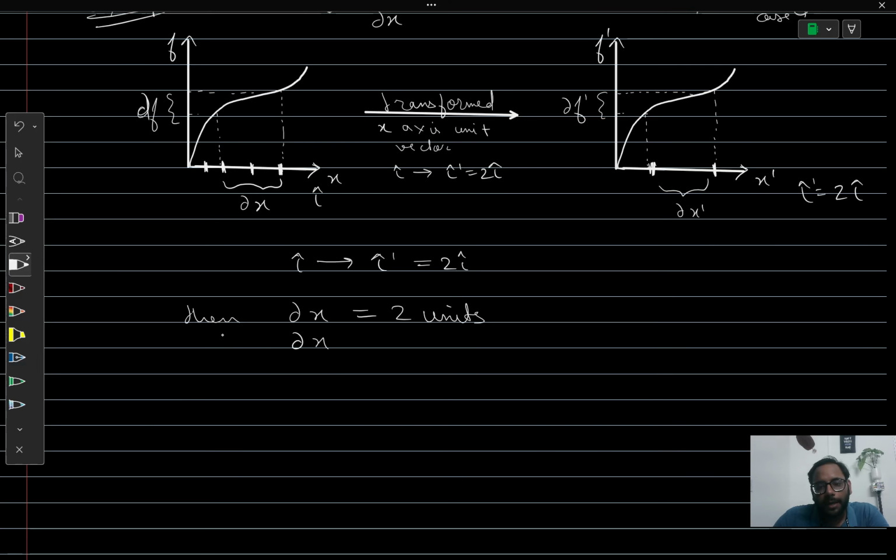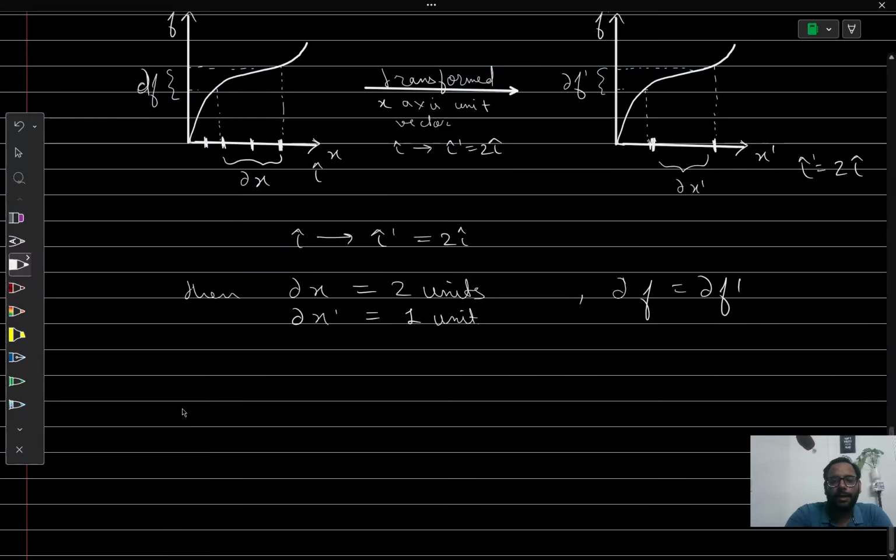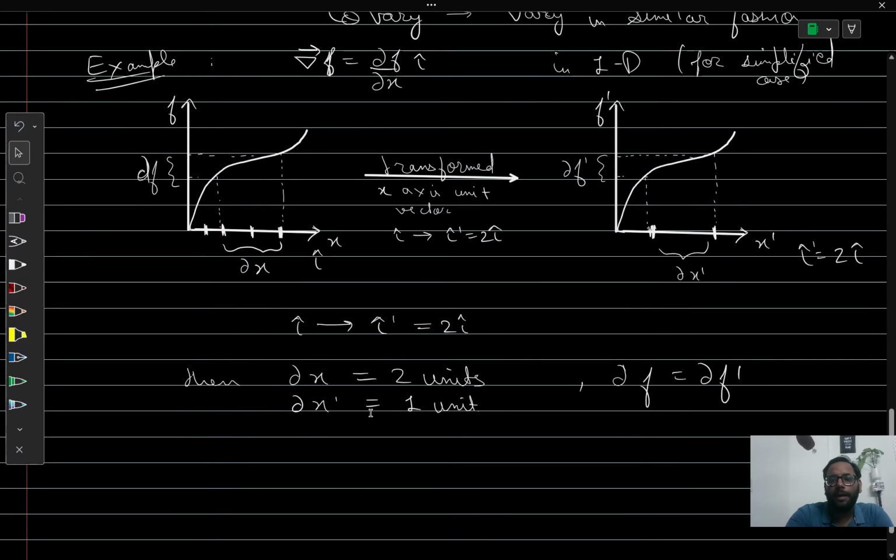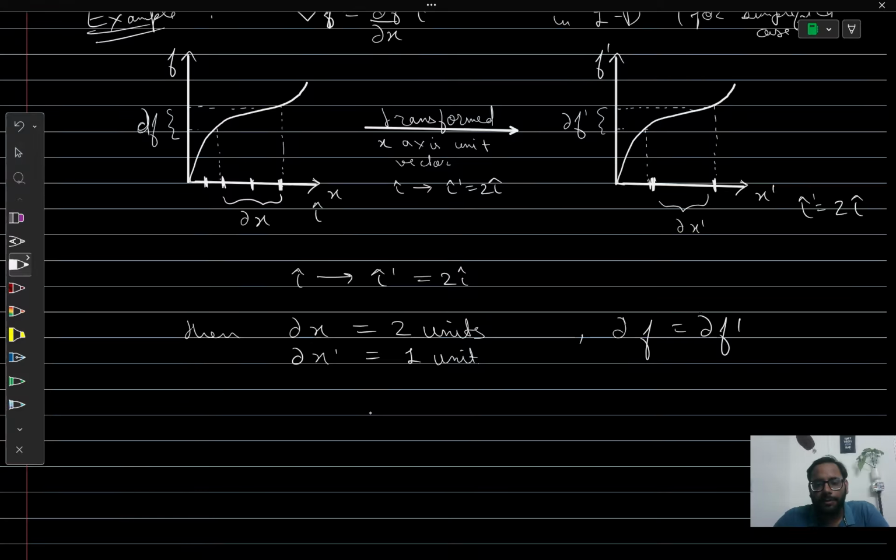Now del x prime, you see, is of 1 unit, right? It is only of 1 unit in this axis. And del f is equal to del f prime. Whatever you take the unit in the f direction, it will remain the same. I have not transformed my f axis.